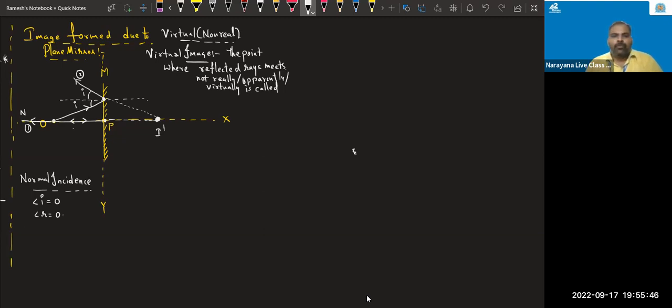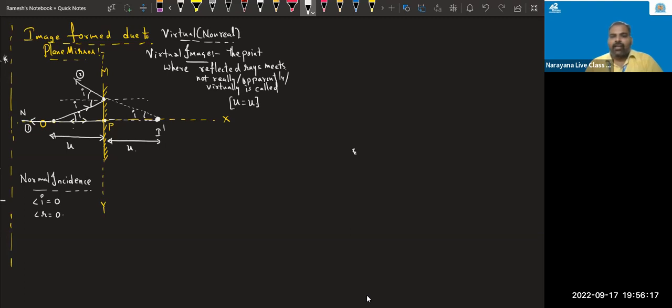Understood? So if the object distance between the object and the mirror is small u, then the distance between the mirror and the image is also how much? Same. So u is equal to how much here? Small u. Correct or not? Why are both the same? See, this angle is i, and this angle is also i.